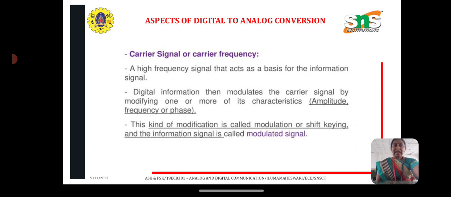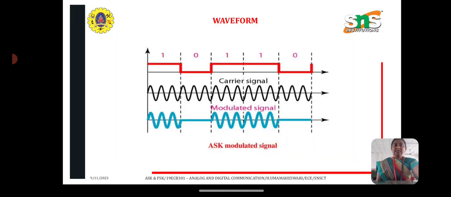Here the carrier signal or carrier frequency plays the main role, a high frequency signal which acts as a basis for the information signal. The digital information modulates the carrier signal by modifying one or more of its characteristics, that is amplitude, frequency or phase. This kind of modification is called modulation or shift keying, and the resulting signal is called the modulated signal. The digital data is usually represented as 1 and 0.